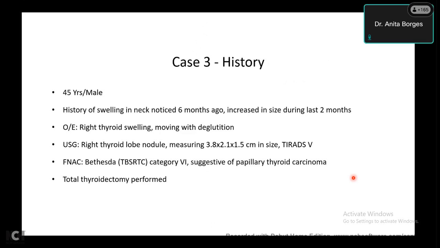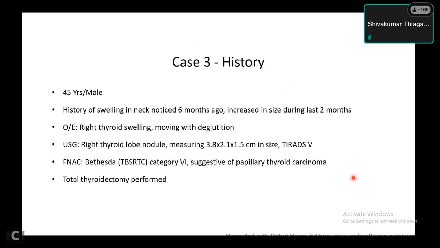Yeah, just on those lines, nowadays, for nodules which are less than 1 centimeter, which is labeled as papillary thyroid carcinoma, there is a lot of evidence wherein, when they satisfy certain criteria, they're also kept under observation. They're not operated as well. So the concept is changing.